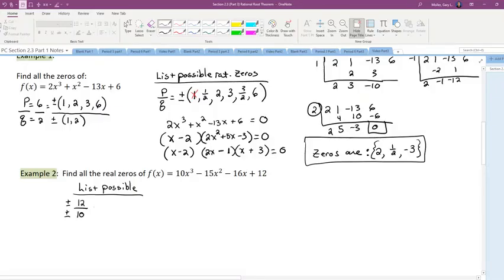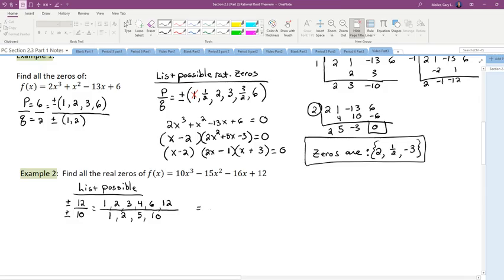So that's going to give me, let's see, 1, 2, 3, 4, 6, and 12 over 1, 2, 5, and 10. Positive, negative for all of that.